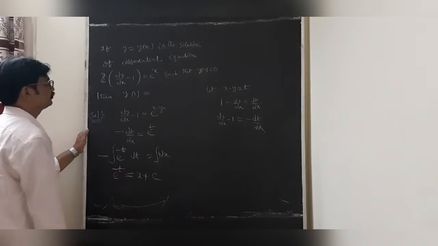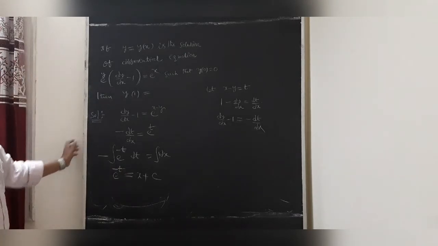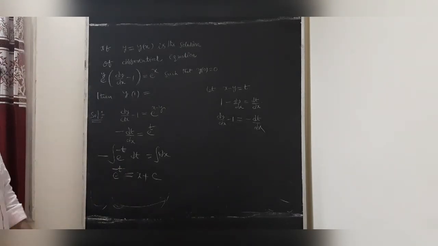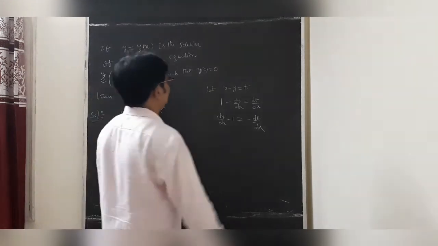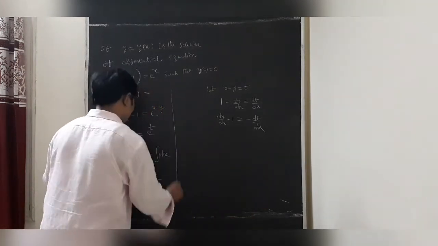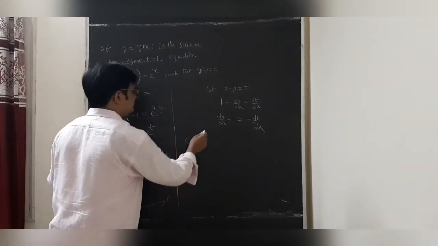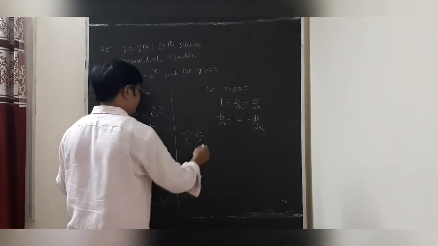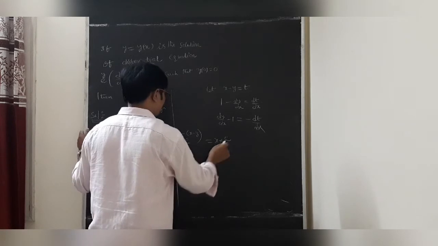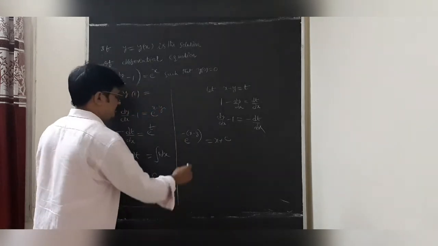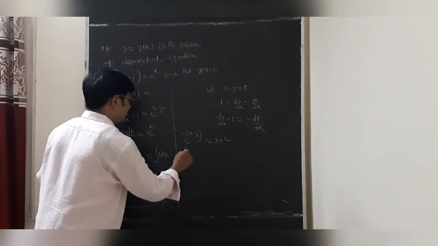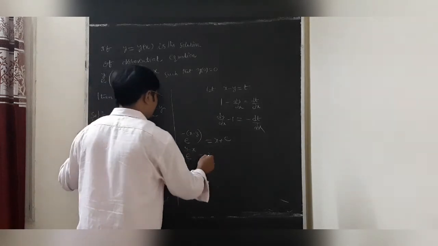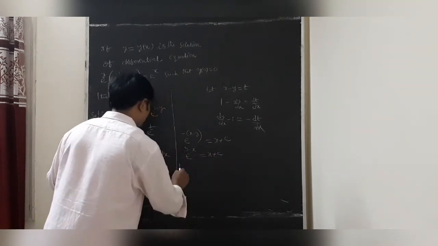So students, e power minus t, where t is x minus y, so this is e power y minus x equals x plus c.